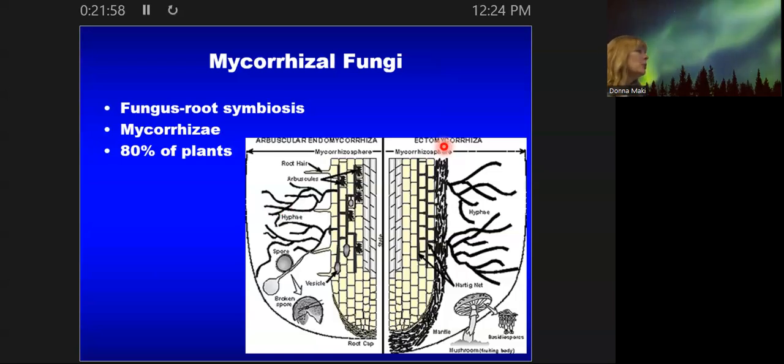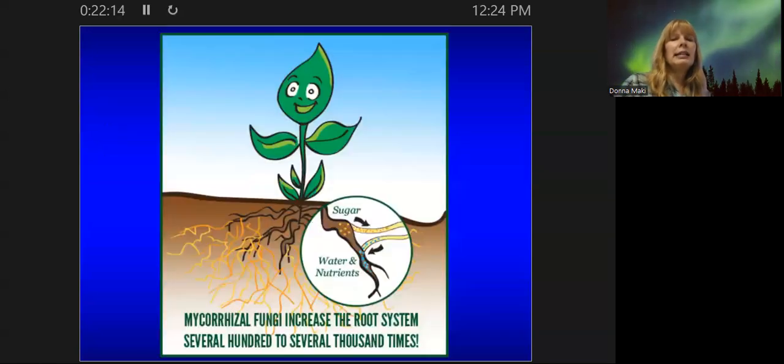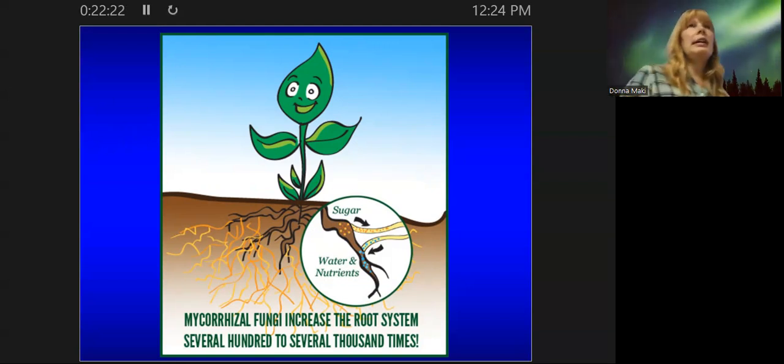But basically, when they started realizing that so many of the plants that have been studied have this relationship, they started thinking, well, there must be a benefit if they're going through all this trouble to form a partnership. And so what they have realized is that the fungal hyphae associated with the roots really does expand the root system tremendously.